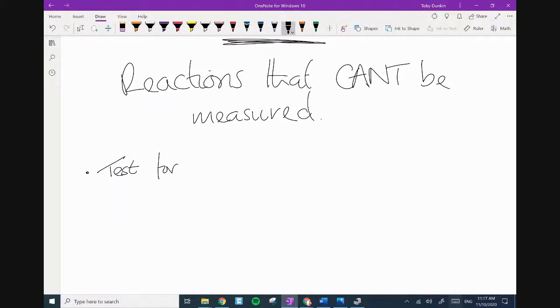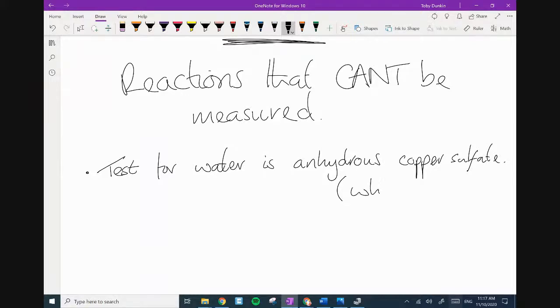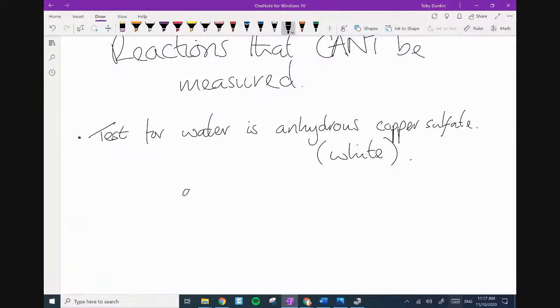Test for water is anhydrous copper sulfate. Now, anhydrous copper sulfate is white. Now, when you add water, add H2O, we get a very clear observation.